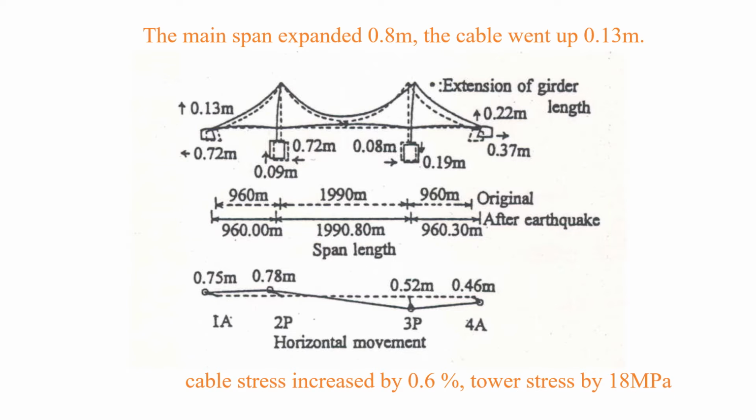This geometry change affects the structural members. The cable stress increased by 0.6%, the tower stress by 18 megapascal. Fortunately, the bridge was under construction and we could adjust these changes caused by the earthquake.